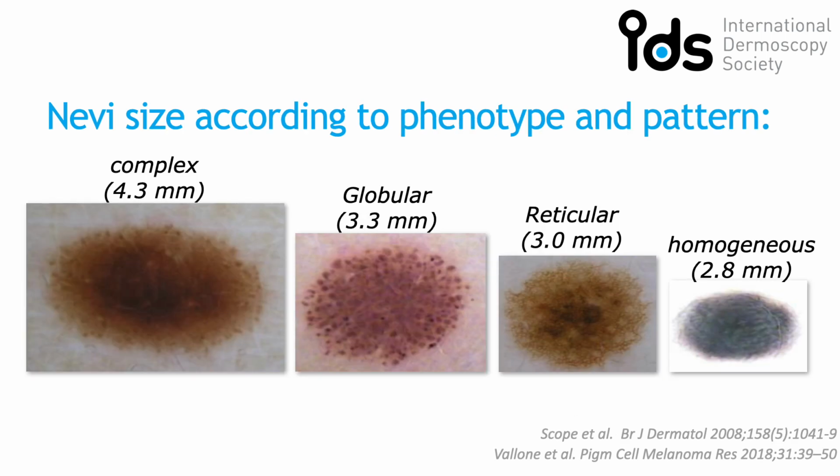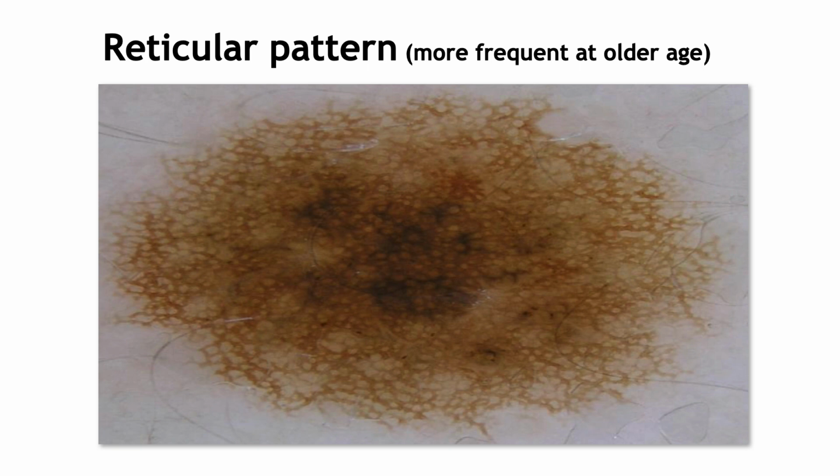Also, the size is related to the phenotype and the pattern, and the smallest lesions are normally the blue homogeneous blue nevi, and the biggest lesions are normally the complex and the combined patterns with reticular and globular, homogeneous and globular.